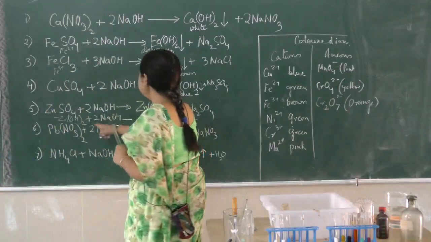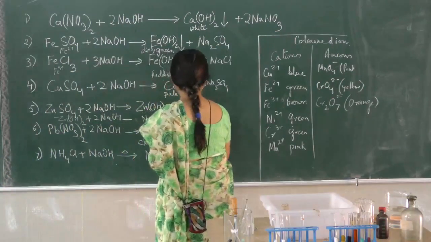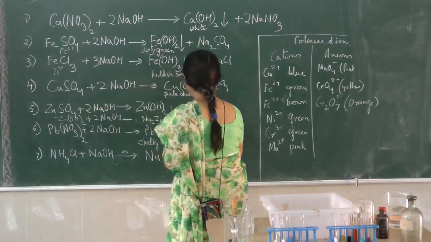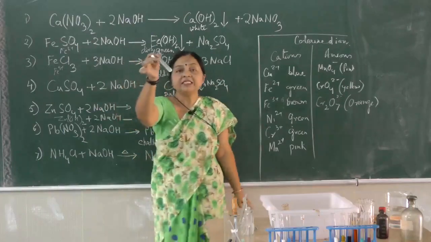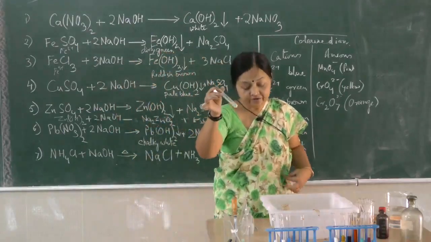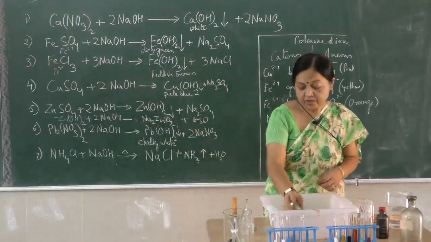So this Na2ZnO2 is a soluble salt. That is why we saw that the precipitate dissolved in excess of NaOH.